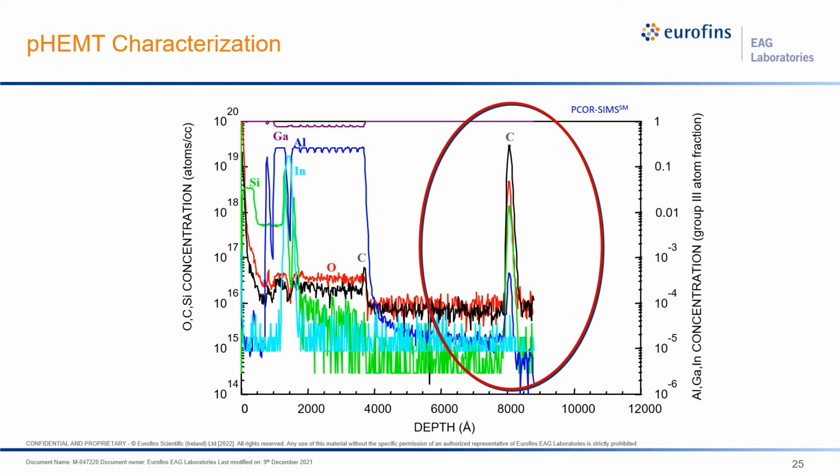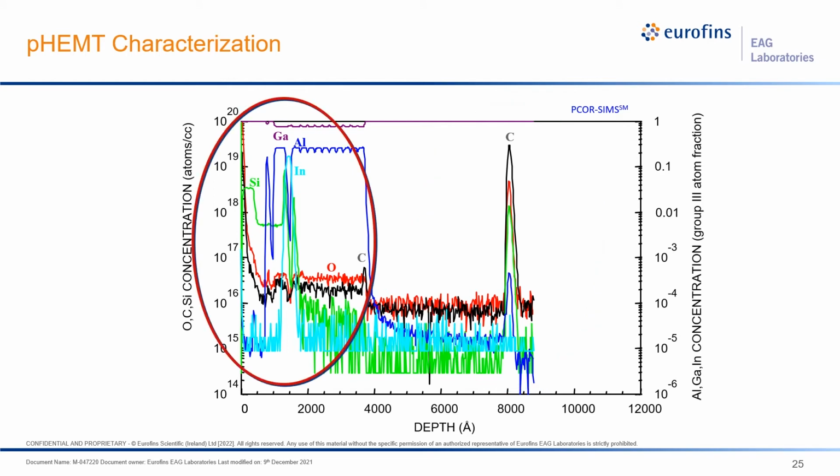The other part of the pHEMT structure is where the electrons are moving left and right, the Schottky region, the channel region, the delta, silicon delta, around the InGaAs channel region, and impurities that are present right where the electrons are, for electron traps, etc., and impurities in the superlattice, InGaAs superlattice buffer.